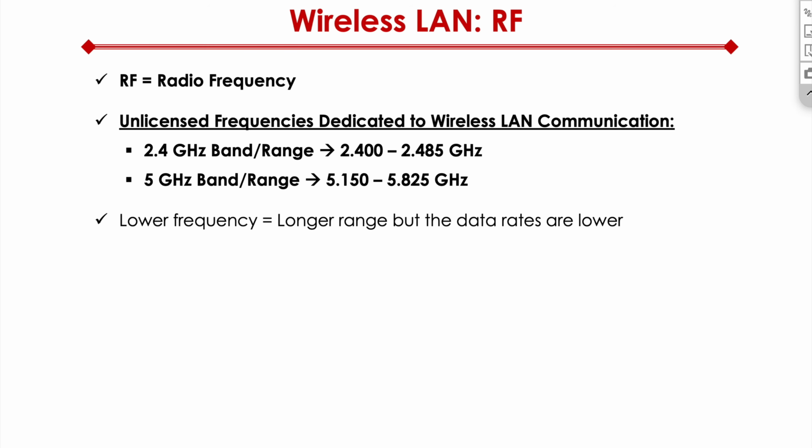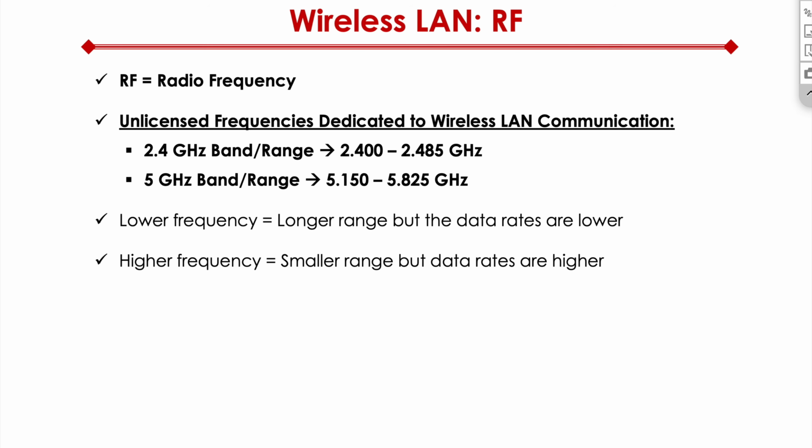The longer you extend the signal, the less it has the ability to deal with high throughput data. And the reverse is true. Higher frequency equals smaller range, but the data rates are higher. The 5 gigahertz band, for example, is a higher frequency. The range is smaller with 5 gigahertz, but the data throughput is higher.